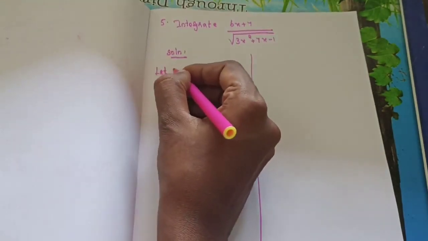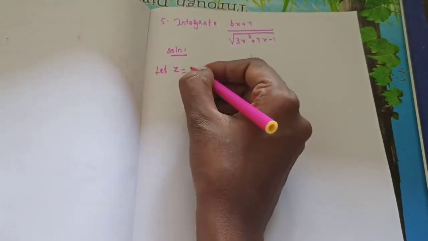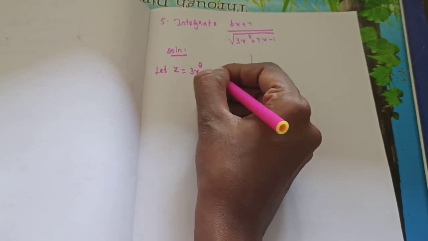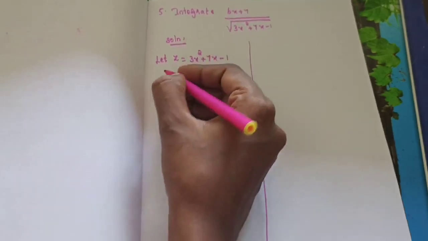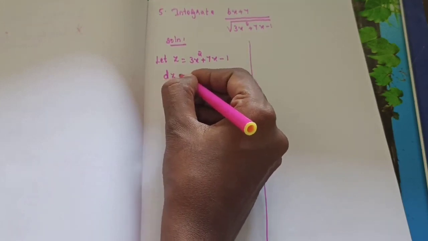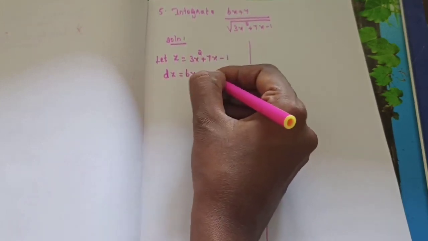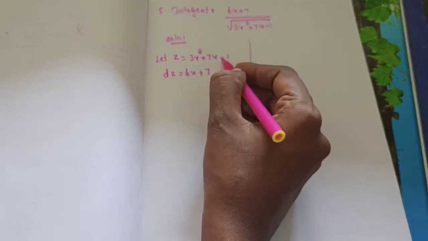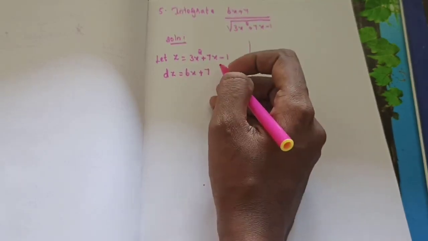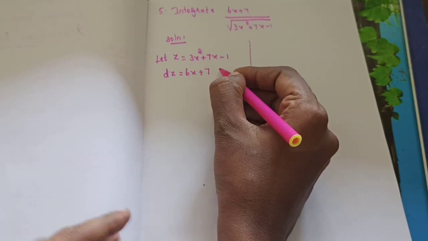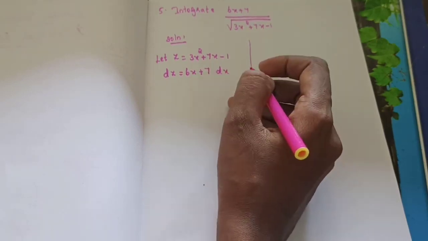Let z be equal to 3x square plus 7x minus 1. If you find dz, what will happen? dz is equal to 2 threes are 6x plus 7, and minus 1 is a constant, into dx, with respect to x.